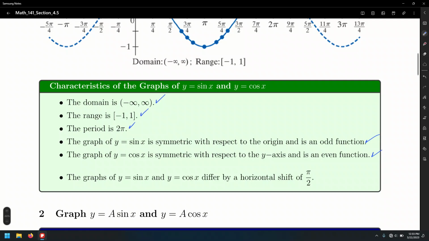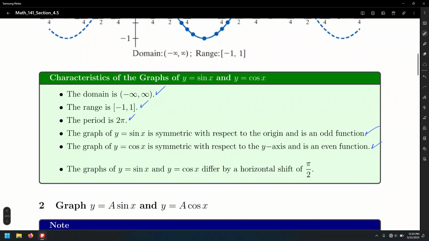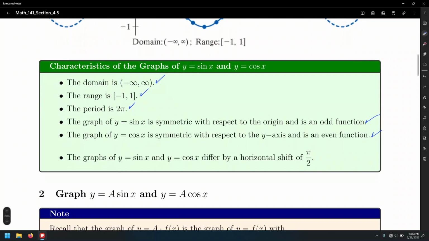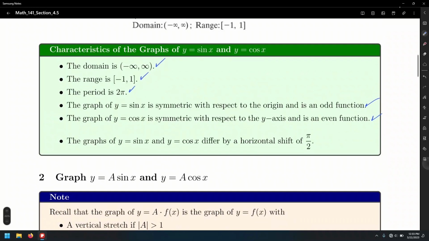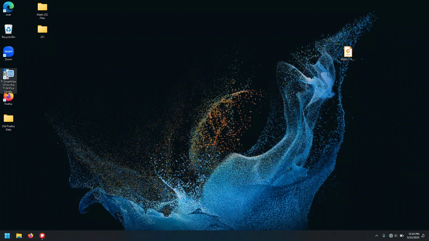All right? The graphs of y equals sine and y equals cosine differ by a horizontal shift of pi over 2. Let's see about it. Let me see if I can do that on the graphing calculator. All right?